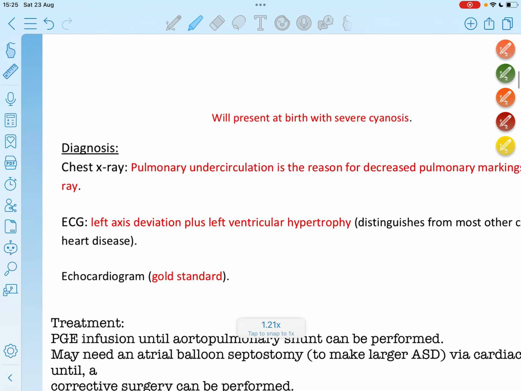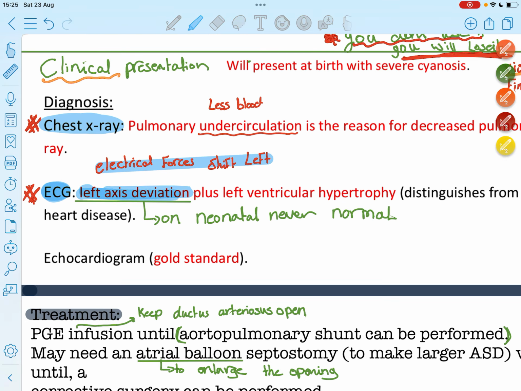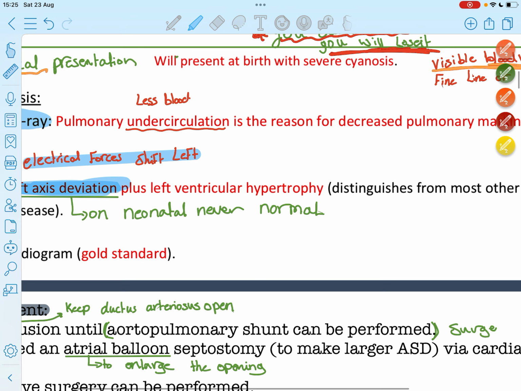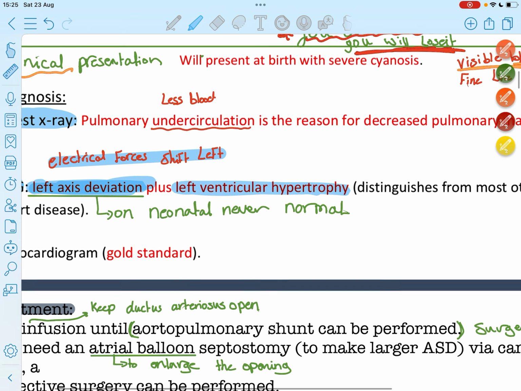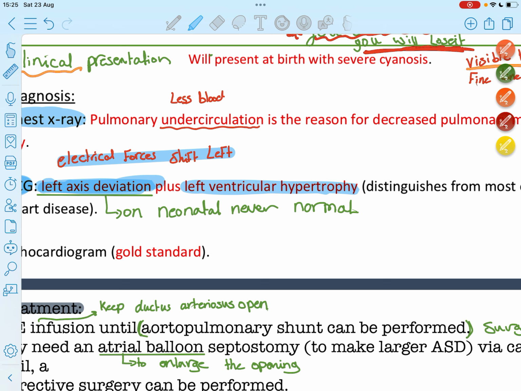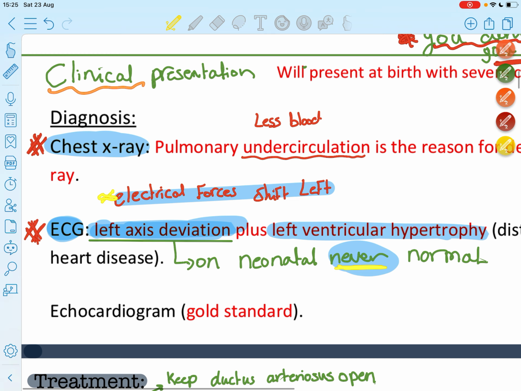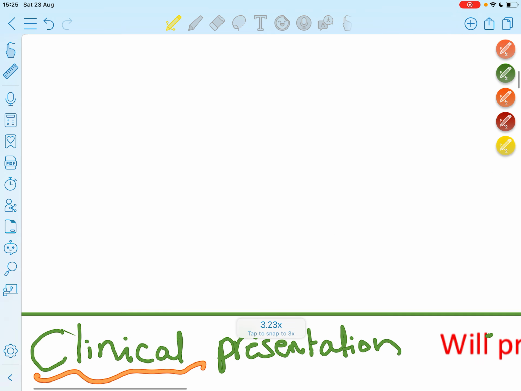So the ECG will show left axis deviation plus left ventricular hypertrophy. And in a neonate, this is not a normal thing, because the electrical forces are shifted to the left.